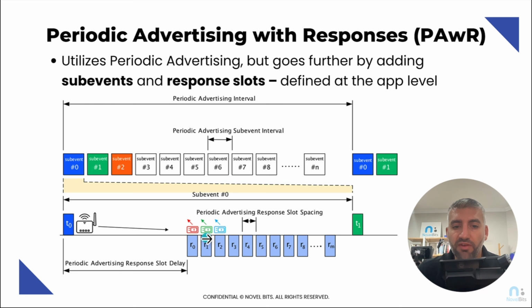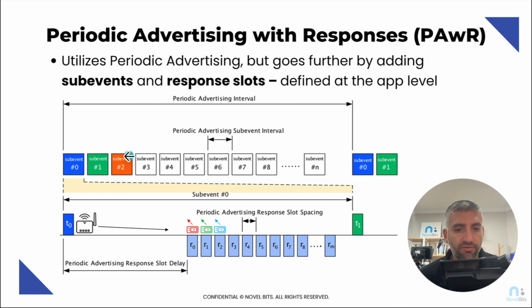Different devices will each be assigned a specific response slot. So the payload could be targeted towards a specific device, and then that device will respond with a specific behavior or specific action or some kind of data. But the most important thing here is that each response slot is assigned to a specific device. That's how these devices are able to respond and not step on each other's packets and the data that's going back to the advertising device.